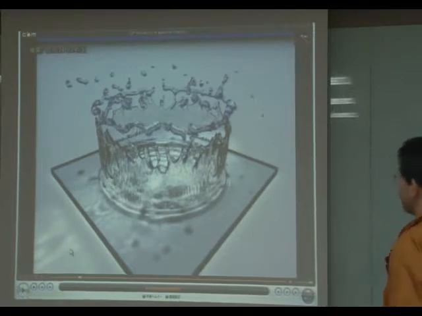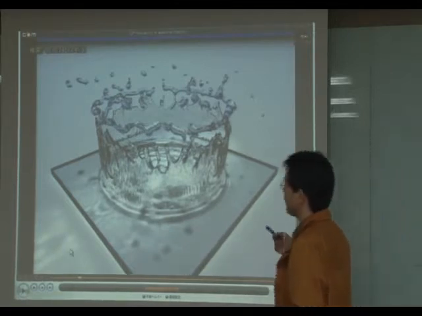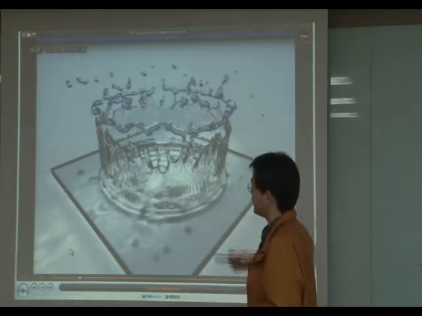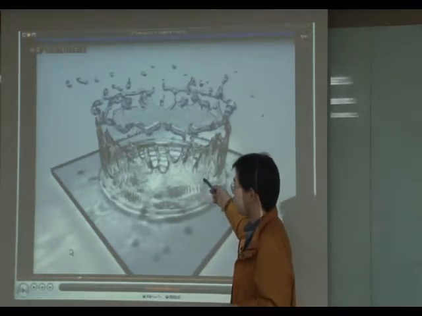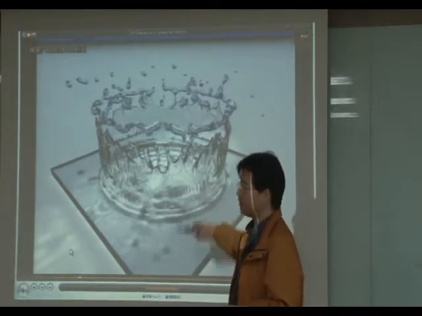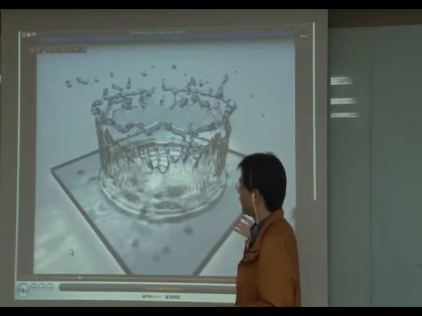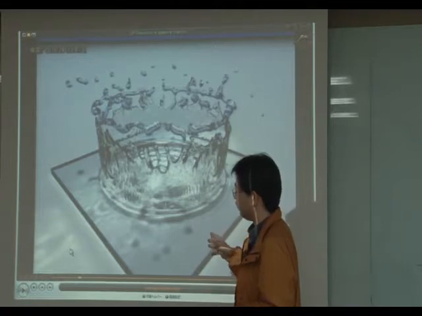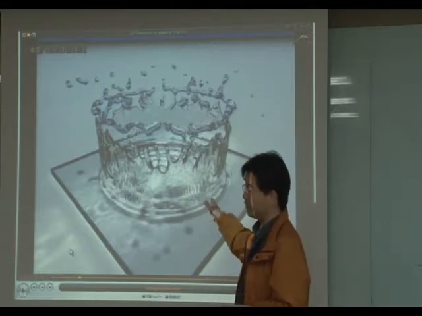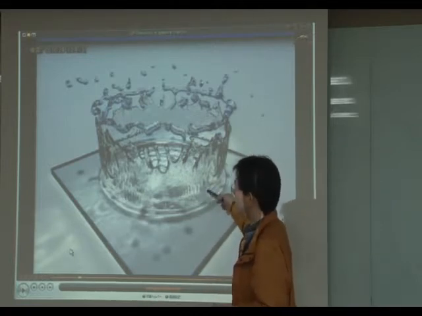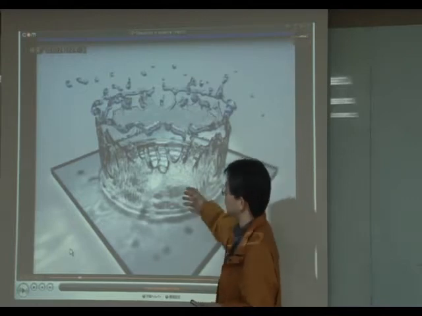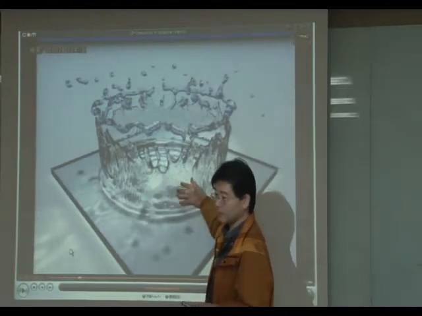And this visualization is very impressive. They are using a ray tracing technique. Ray tracing is to calculate the path of light. So it will generate a very realistic view of transparent objects like this.